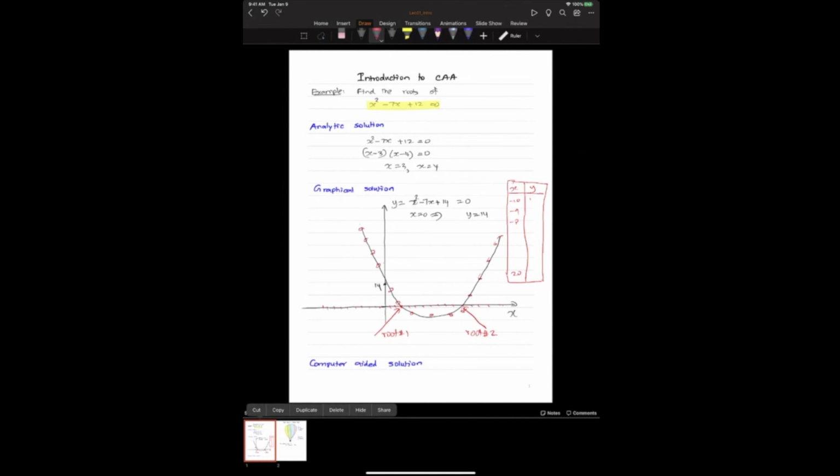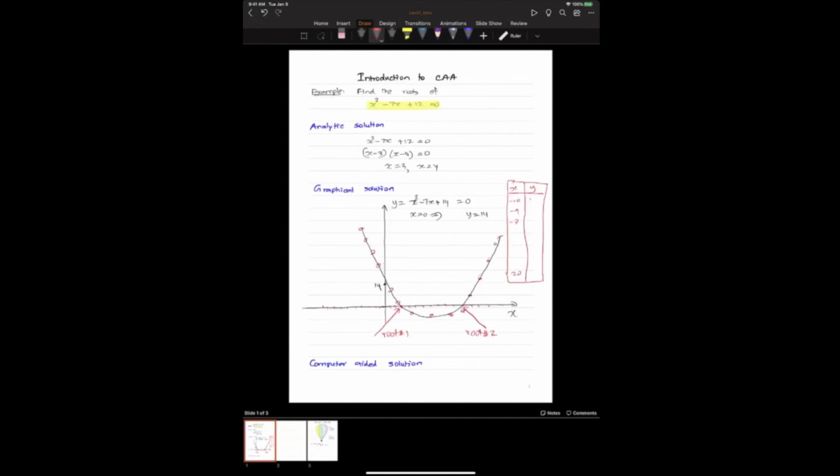The other one is, so now let's see the third approach, the computer-aided solution. If we have to program a solution, how is that going to work?